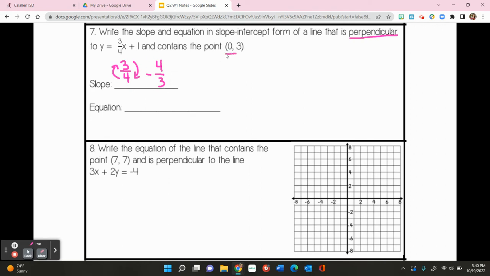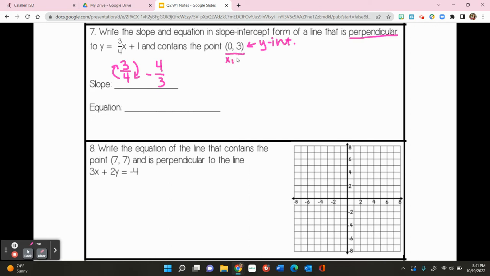And it has to contain the point 0, 3. Now, if you're not able to recognize that 0, 3 is your y-intercept, you can put both your slope and this point into the point-slope formula.